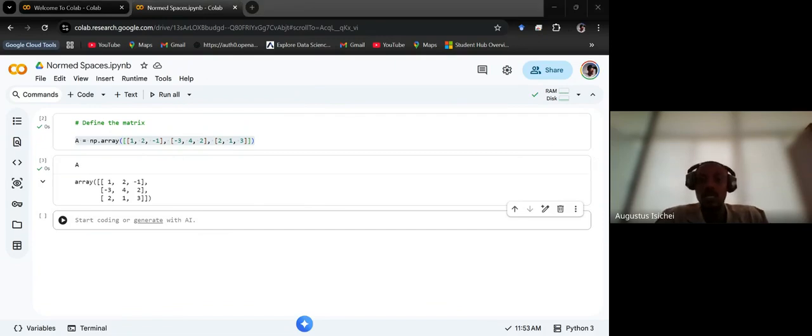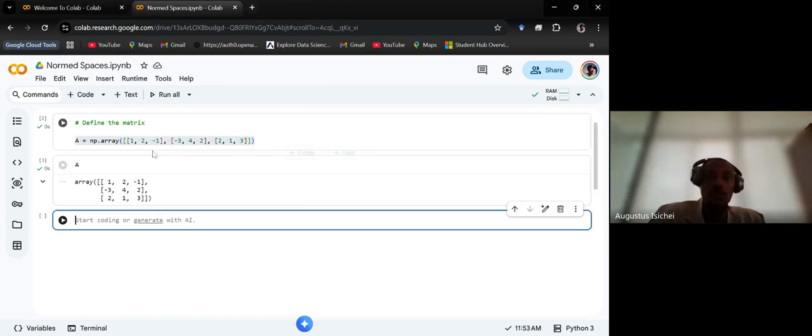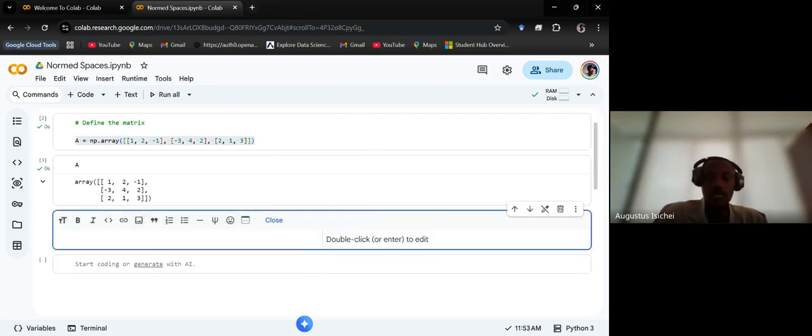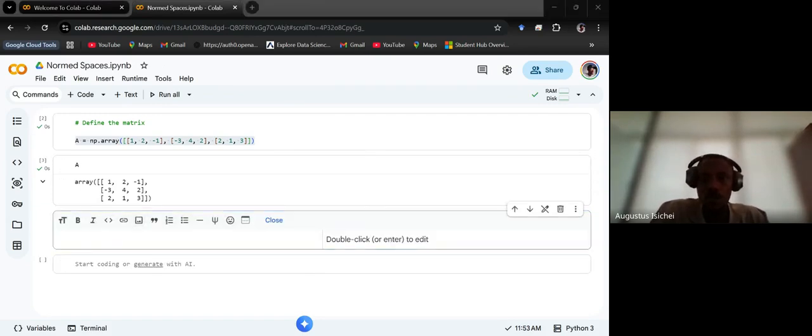The next step I want to take is to use what is known as the eigenvalue. What's the formula again? Let me write the formula here as text. Let me see the formula from the note.